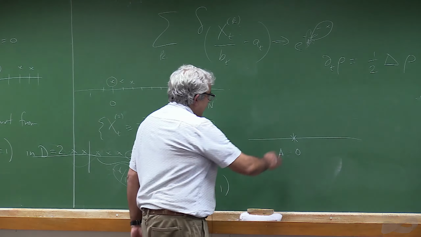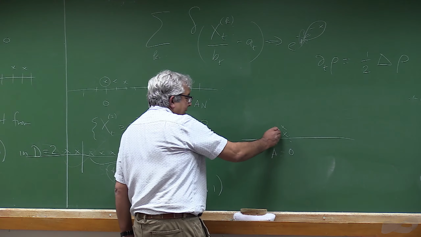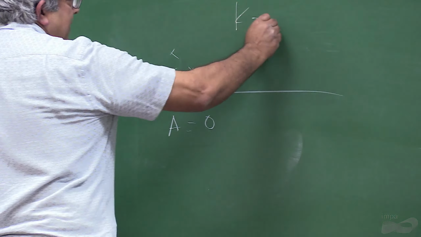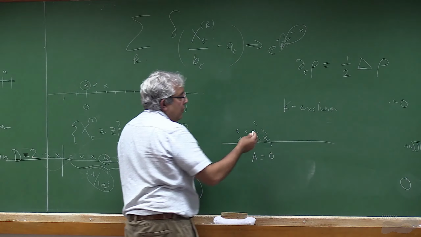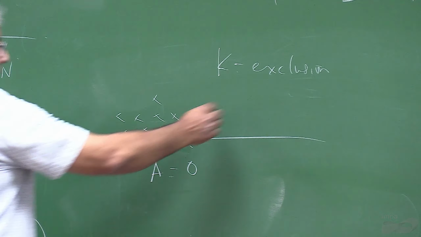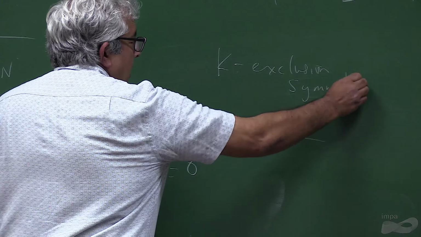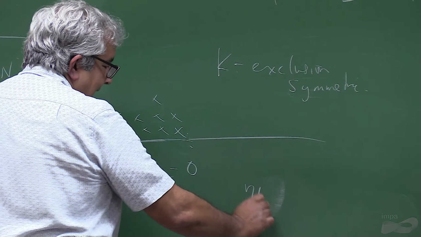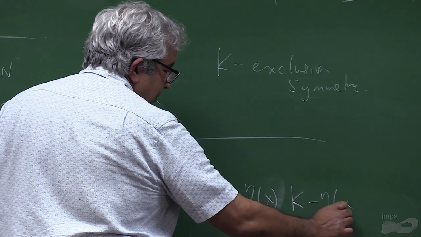So if you start with some number, so let's say K exclusion. So you can have at most K per site, right? Symmetric. So the rate is eta of x times K minus eta of x plus 1.